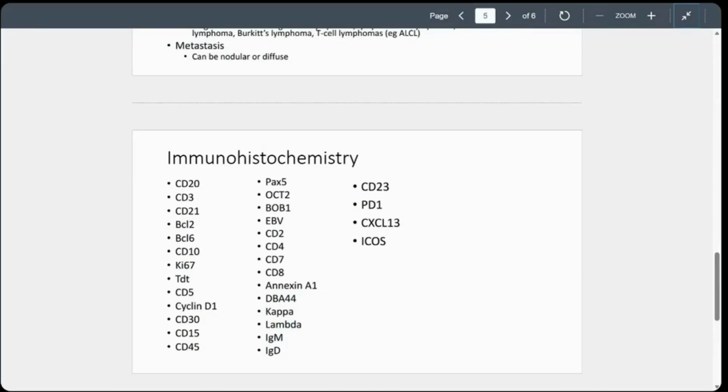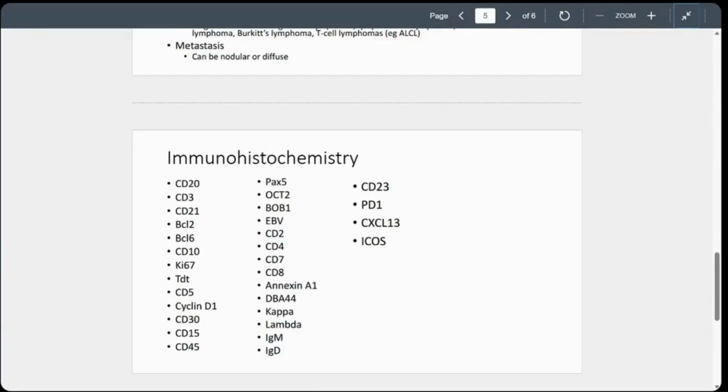TDT is really critical because it's the only way to differentiate the high-grade lymphomas from lymphoblastic lymphoma, which does have a different treatment need. Cyclin D1 is highly specific for mantle, so I would include that one in. Obviously, CD30 and CD15 are valuable for Hodgkin lymphoma and should always be used together. And some of those other markers, OCT2, BOB1, they're not particularly of diagnostic value. They don't distinguish things too much.